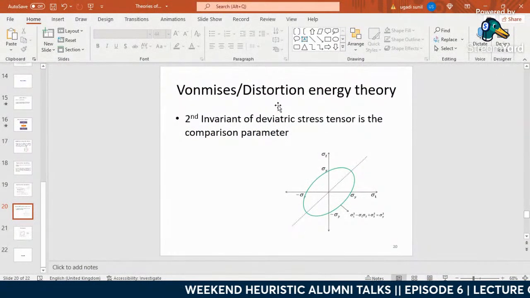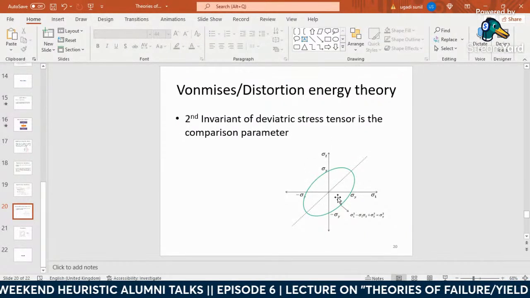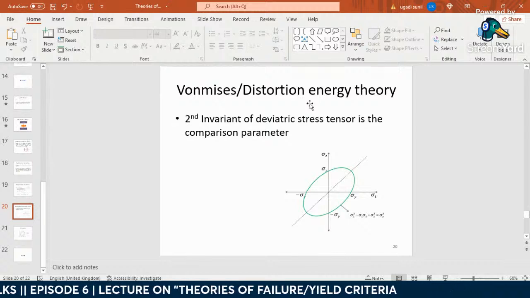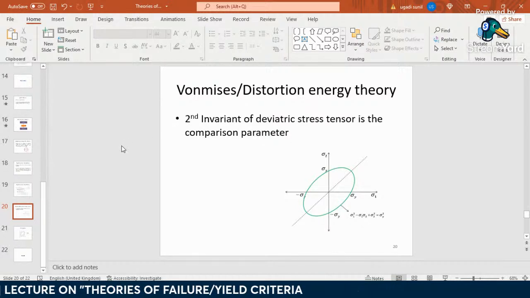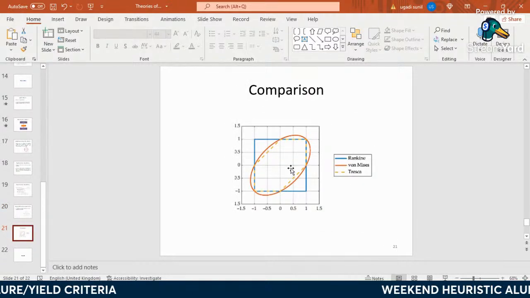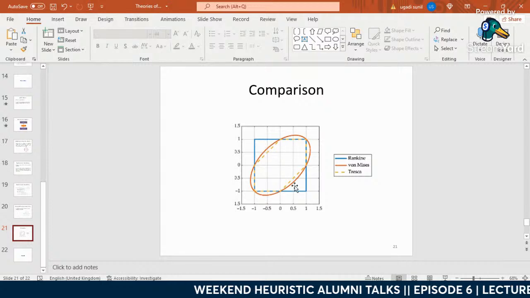When you consider this distortion energy, you will get this elliptical safe region. We are not going into this. So this is about three theories of failure. When you compare these three theories and merge these three curves, you will get this kind of region.